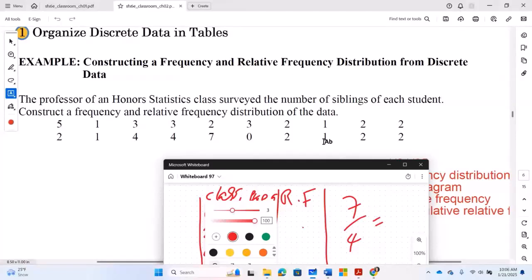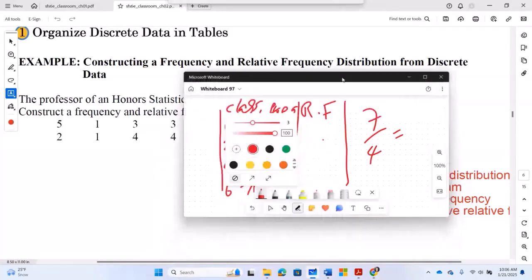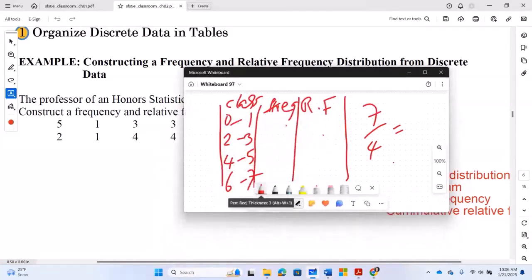Therefore, the frequency of the first class is 5. So I'll come over here and write 5. In other words, all the numbers ranging from 0 to 1, the total number of them is 5.